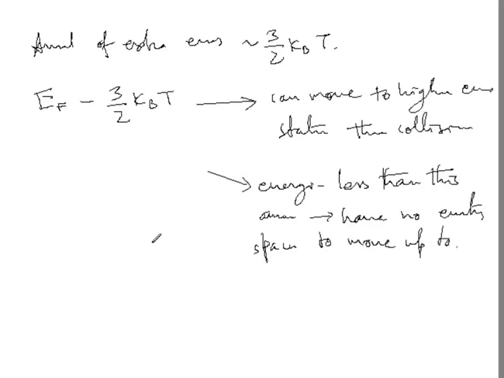Now we can relate the condition for degeneracy to a limit on the temperature and electron number density of the gas.